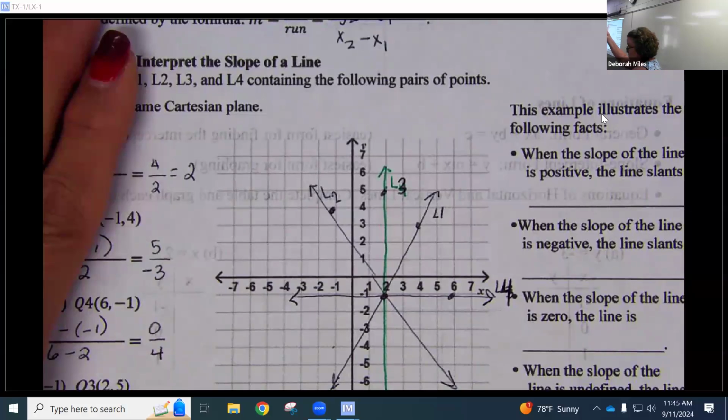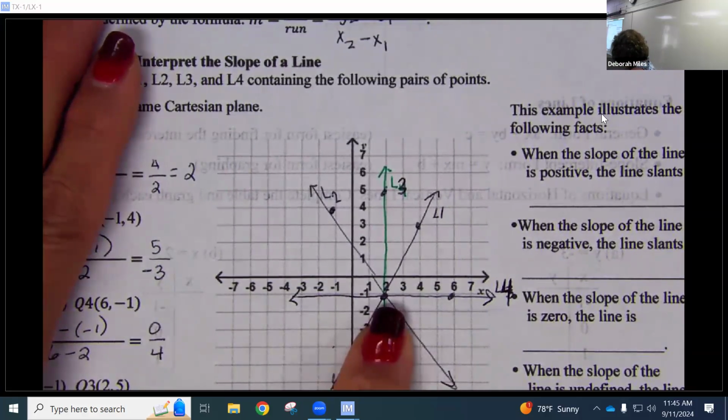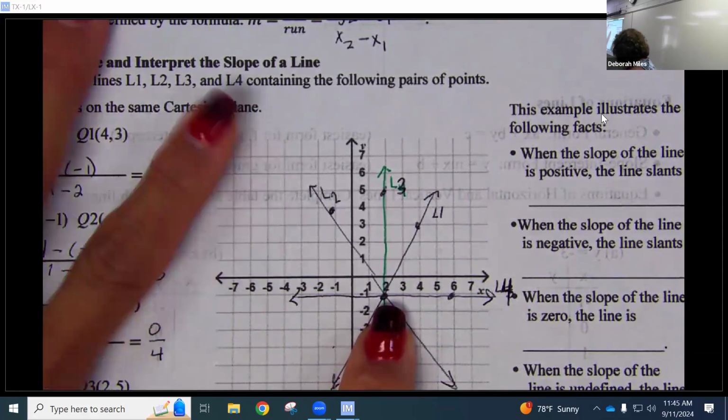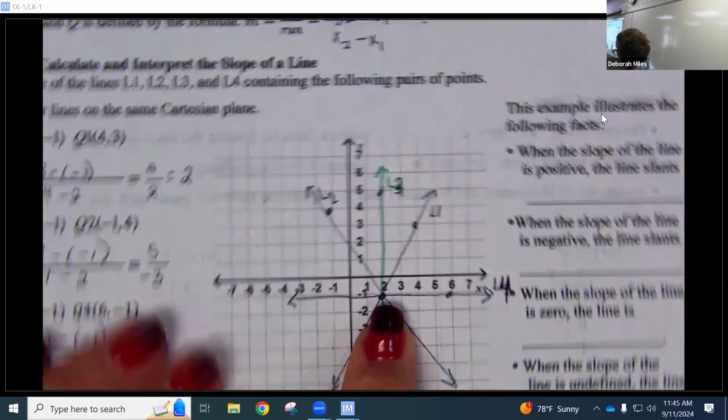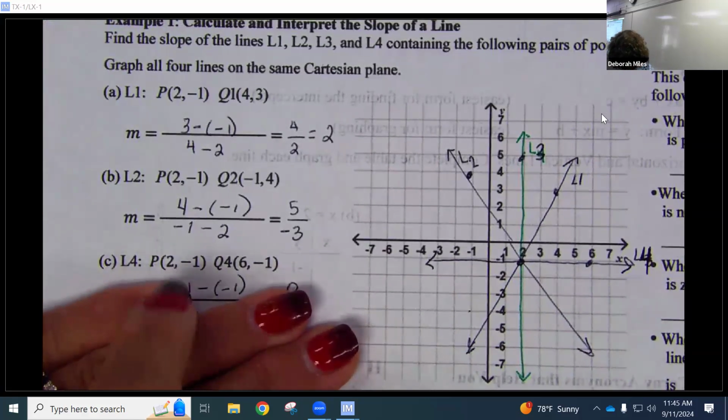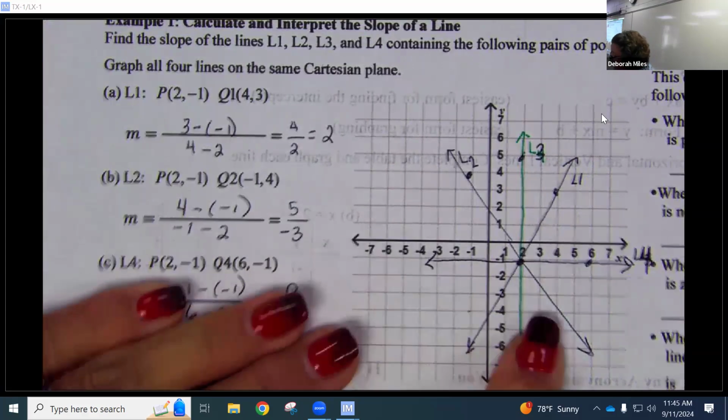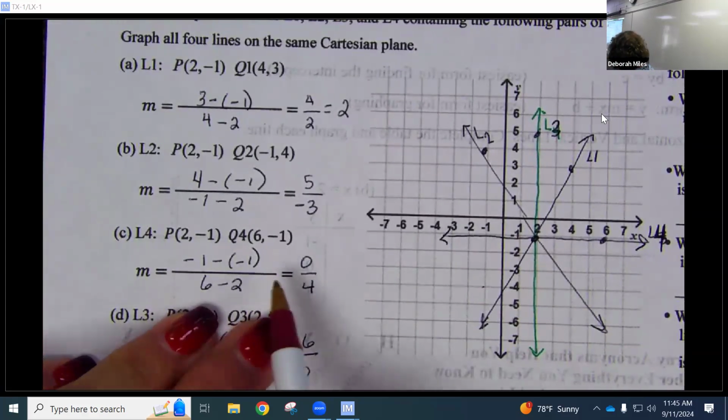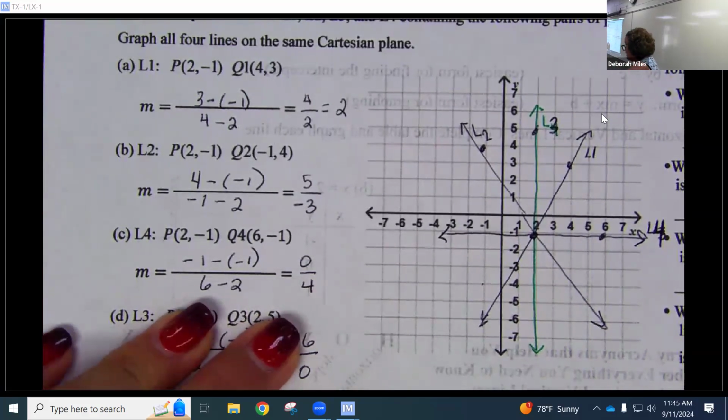What do we call this? Horizontal, it's a horizontal line. And that's actually the one in part C, line 4 was part C. What did you get for the slope of that line? When you use the slope formula, you came up with 0/4.